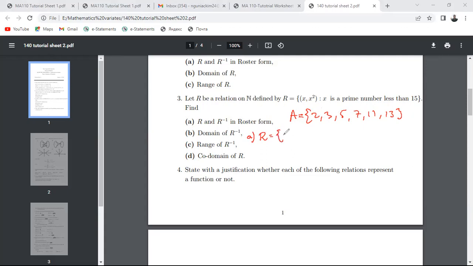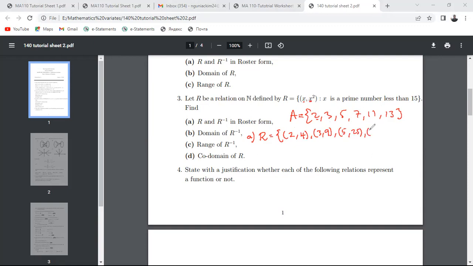So what we'll have is, we'll get 2 as the first entry because it's x. So our x is 2, comma. Then the same 2 is squared. So it will be 2 squared, and that gives us 4. Then you go to the next one. You go to 3, comma. You square 3, you get 9. Then you go to 5. You square 5, you get 25.